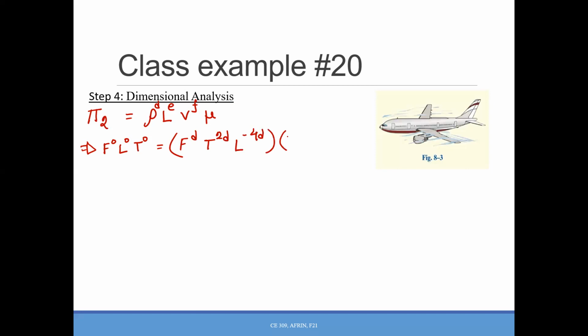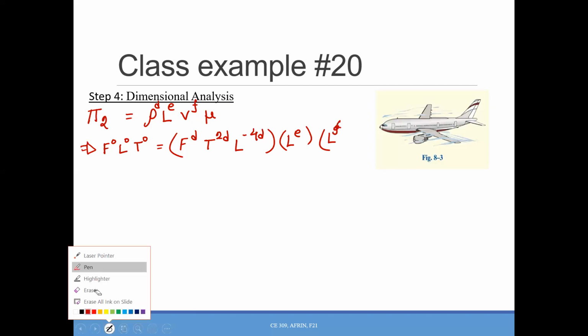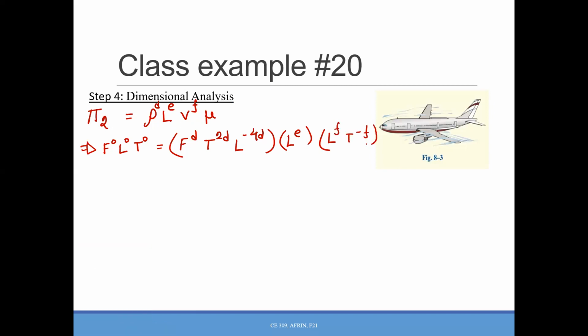For L, it was just L E. For V, it was L^F T^-F, and for the viscosity it was F T L^-2.